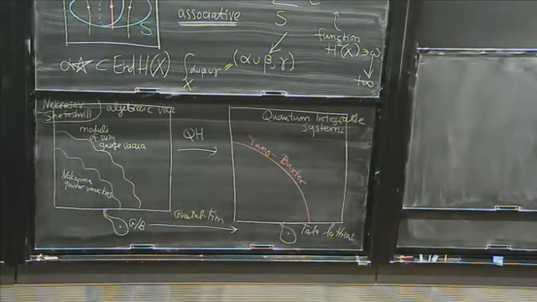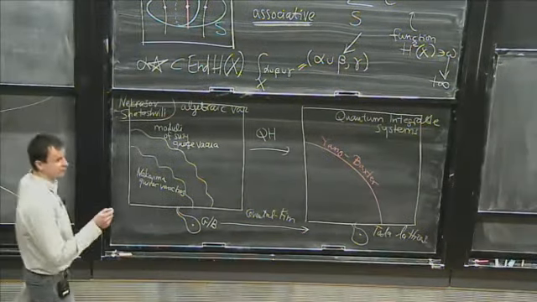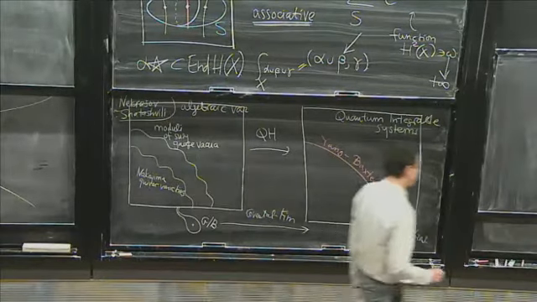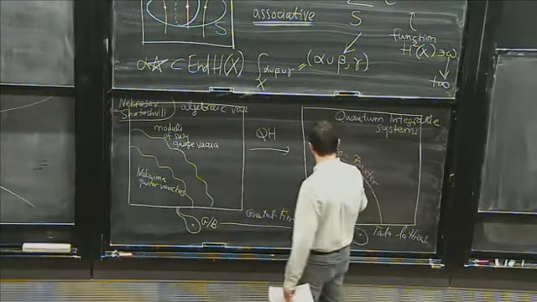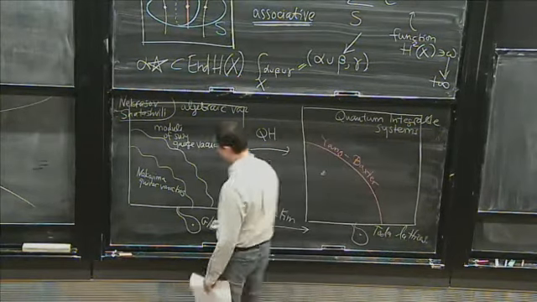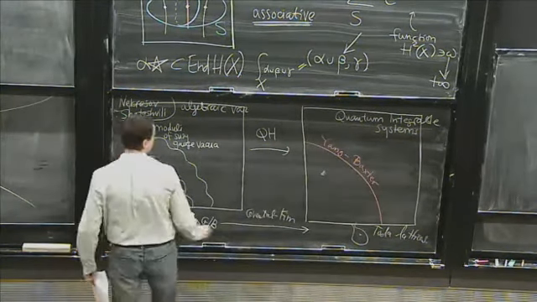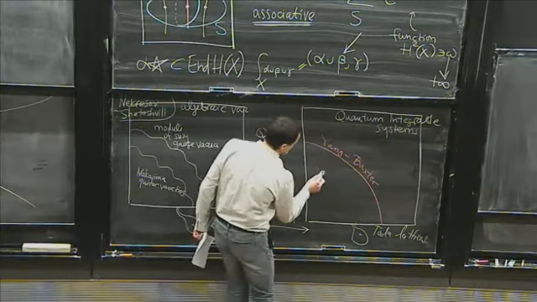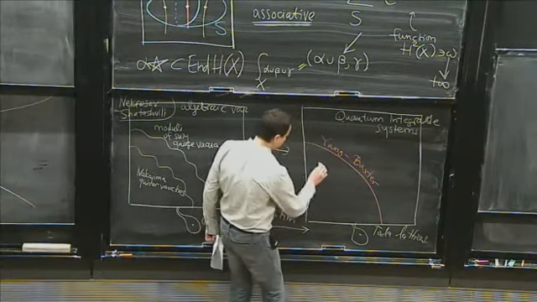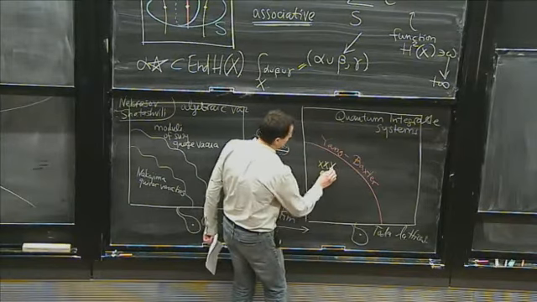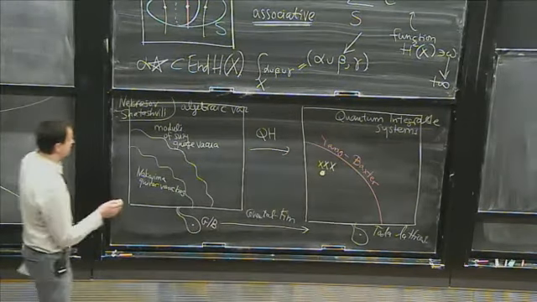But today, the two examples I was going to discuss are, first, the textbook example, which is here, maybe I need some color here. We'll call that the spin 1/2 XXX magnet chain.